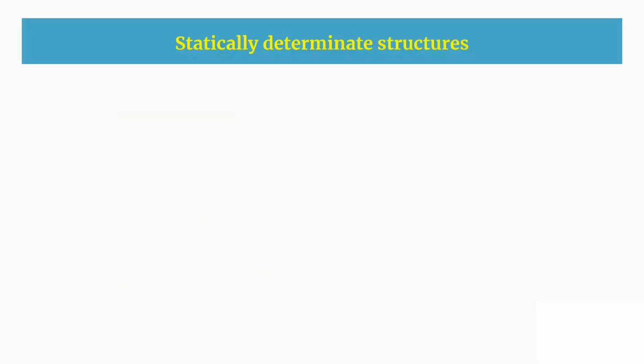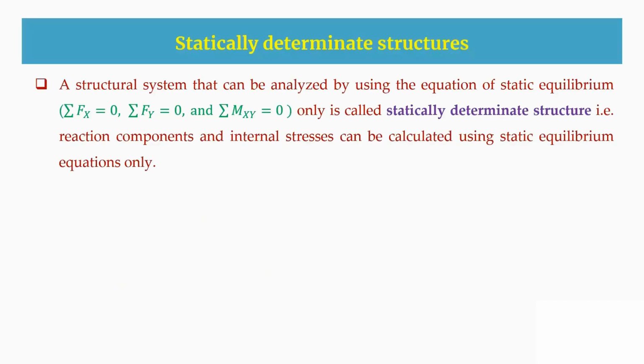Now coming to the statically determinate structure. When can we call any structural system statically determinate? Statically determinate is nothing but any structural system that can be analyzed using only the equations of static equilibrium. That means the reaction components and internal stress components can be calculated using only the static equilibrium conditions. Then you can call the structure a statically determinate structure.